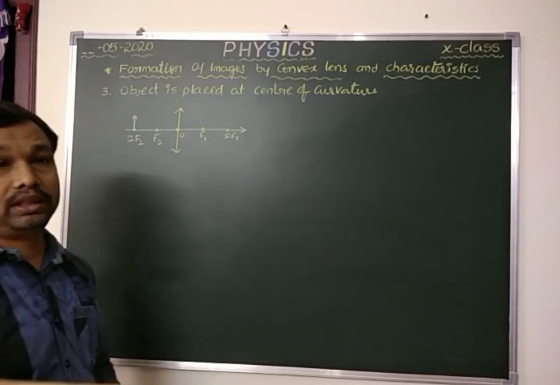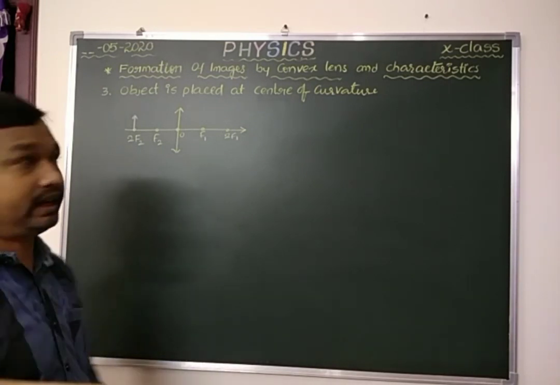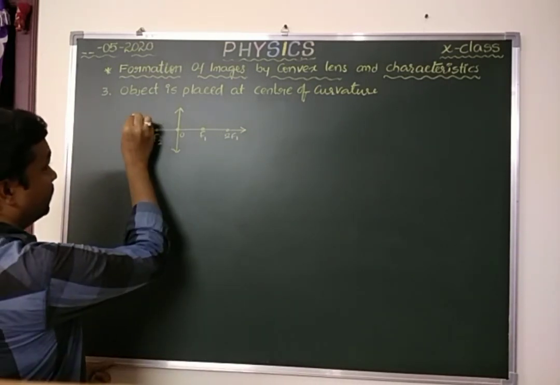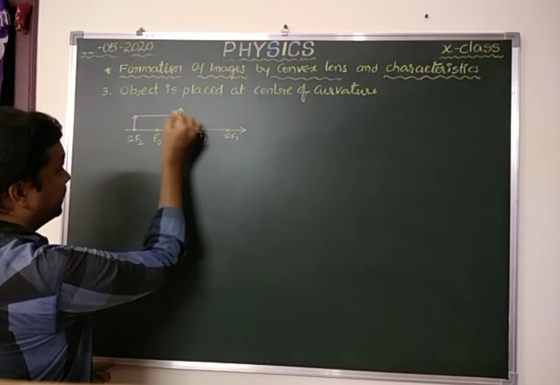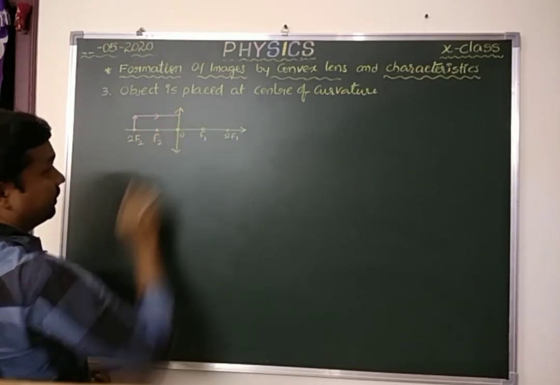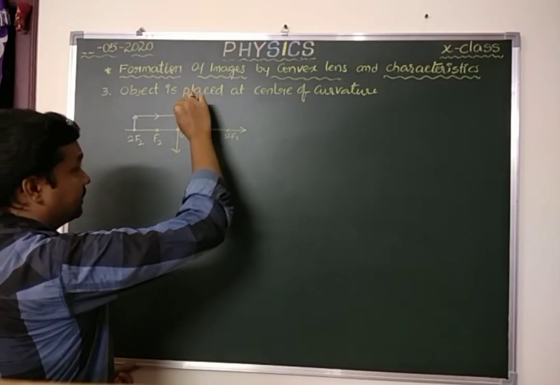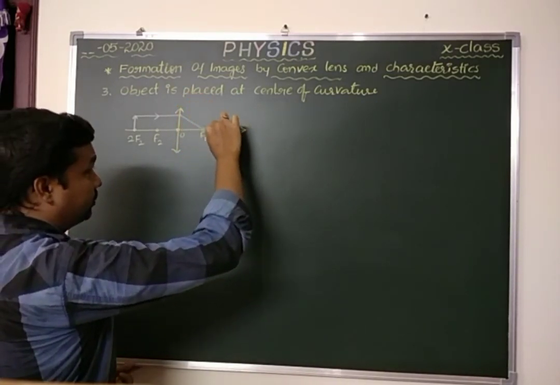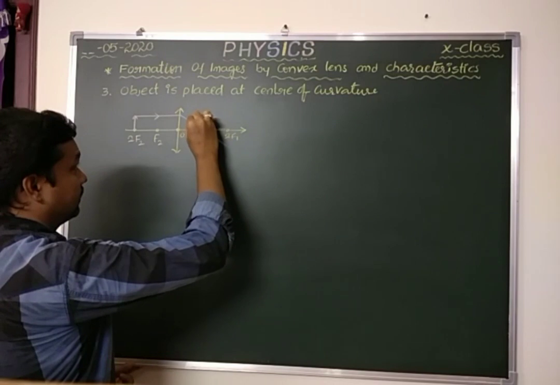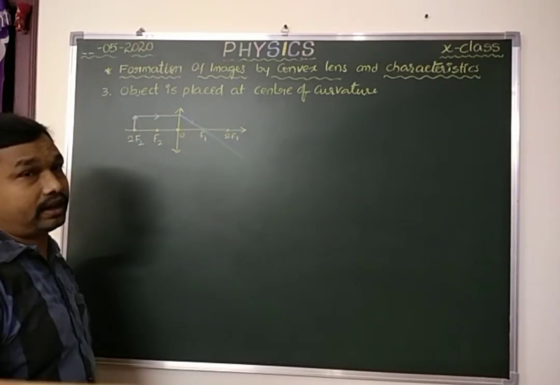From this object we are going to take two light rays again. One is moving parallel to the principal axis, it gets refracted. Refracted light ray always passes through focus. This is the refracted ray.